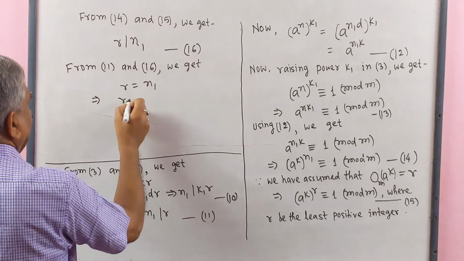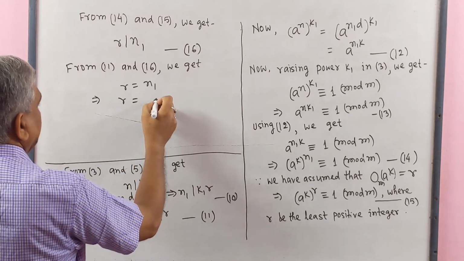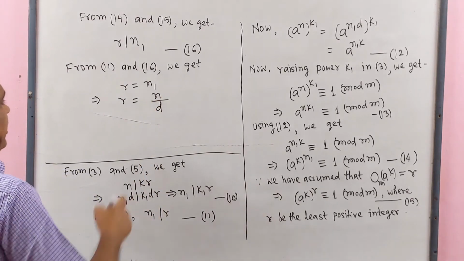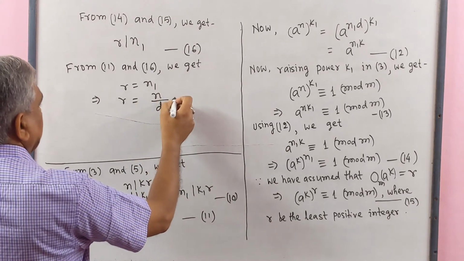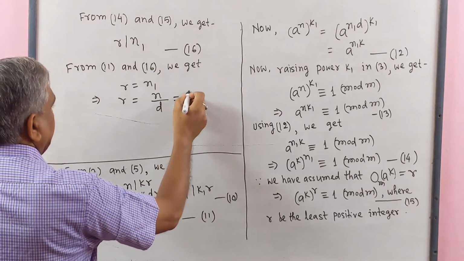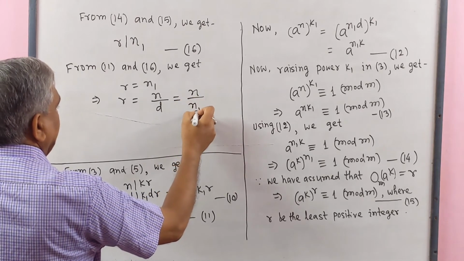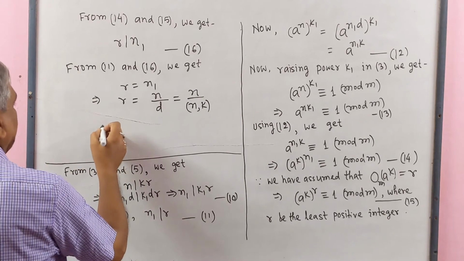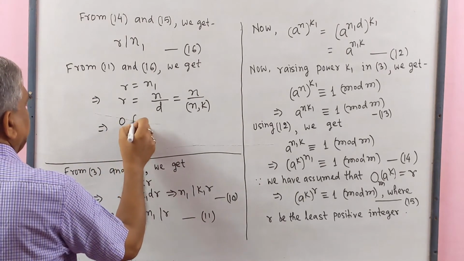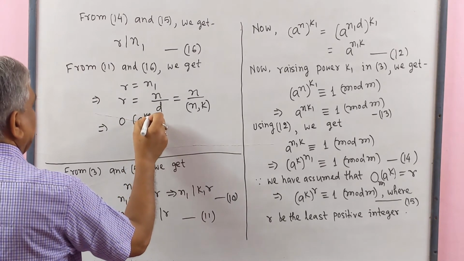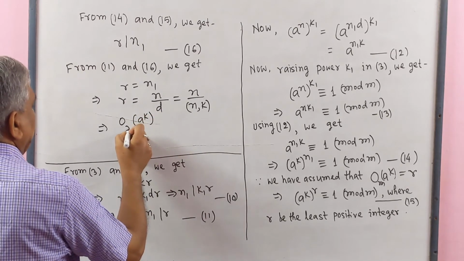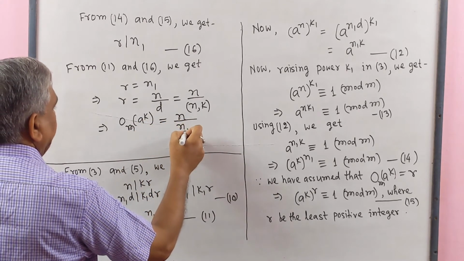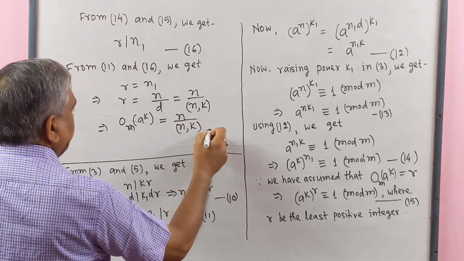Implies that r equal to n1 means n by d. d be the GCD of n and k. That is n by GCD of n and k. And r be the order of a to the power k modulo m, and this is equal to n by GCD of n and k. Proved.